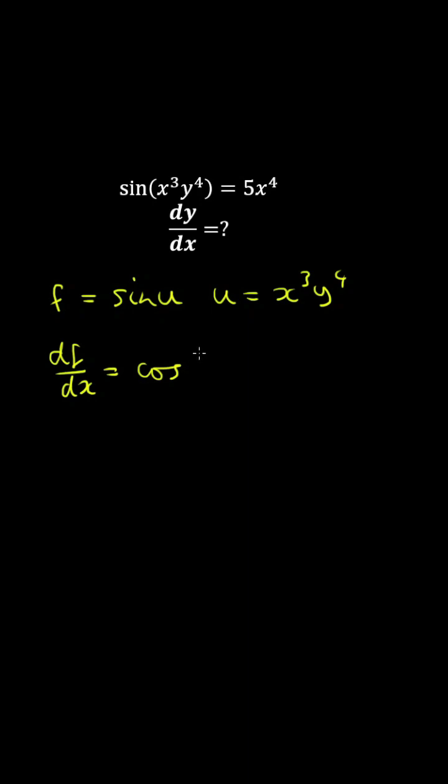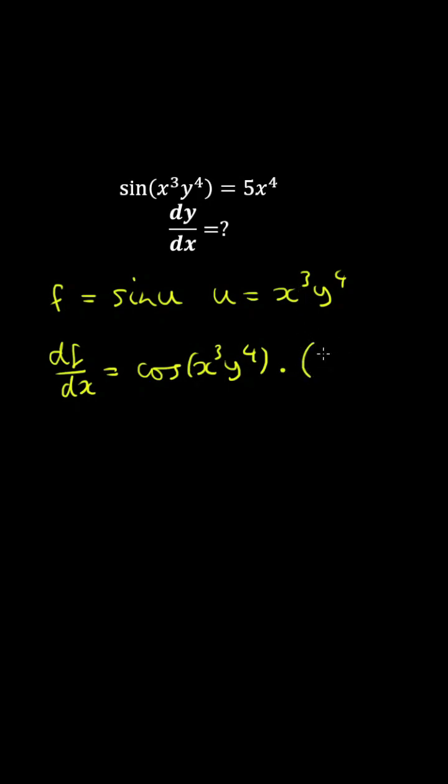Let's differentiate the following function implicitly. So we can set the function f equal to sine u, where u is equal to x cubed by y to the 4. And therefore df/dx is equal to df/du, so that will be cosine u, where u is equal to x cubed by y to the 4, and that's multiplied by du/dx.